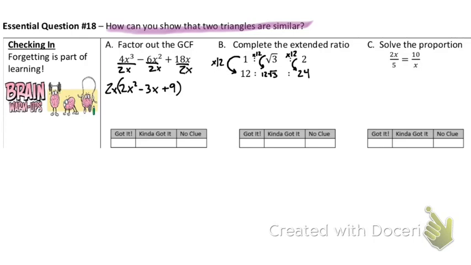Last but not least, we're going to solve the proportion by cross multiplying. So I like to multiply with the x's first. That's going to give me 2x to the second. Multiply here, that gives me equal to 50. Solve for x, I need to divide by 2 first. X squared equals 25.